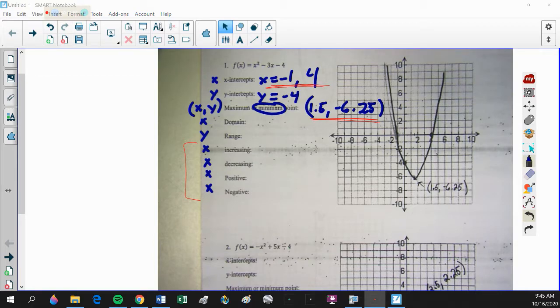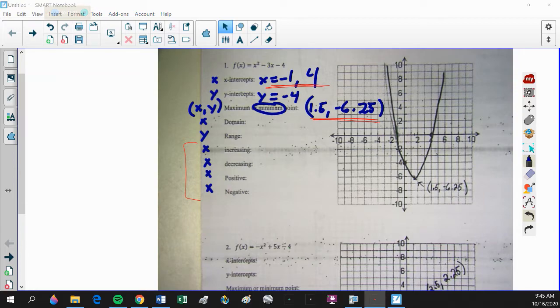Why? Right. So, we have to distinguish between, are we talking about one number on an axis, or are we talking about a position that contains an x and a y?